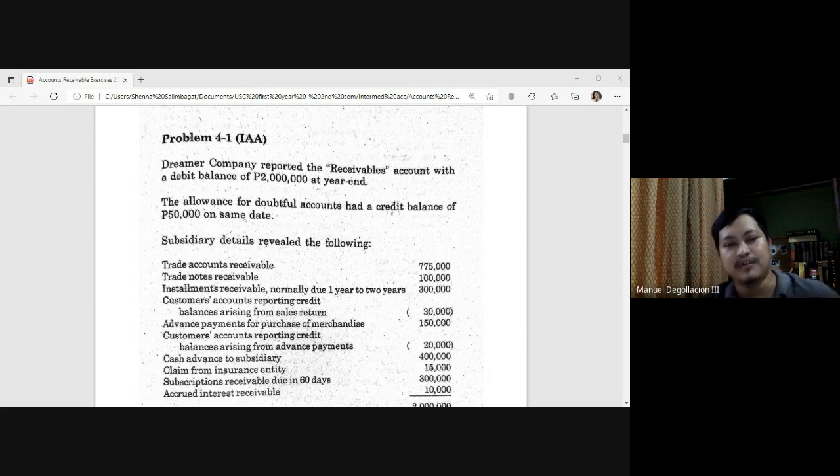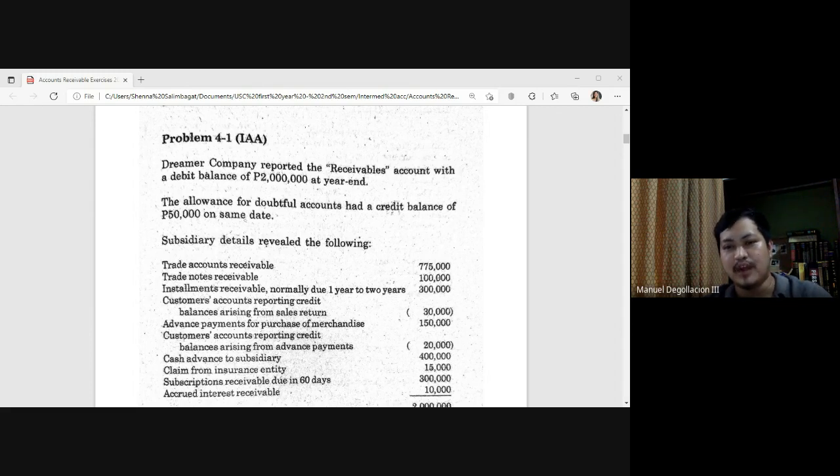But because of the short period of time in which the customer has to pay the accounts receivable, class, the present value would end up almost the same as the original invoice amount. Okay, the amount of imputed interest included in the 1 million is so immaterial that we can actually forego the discounting process.